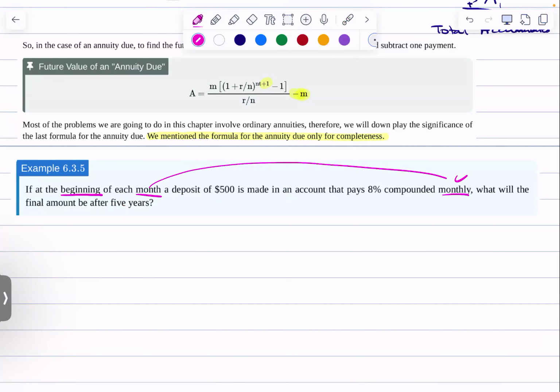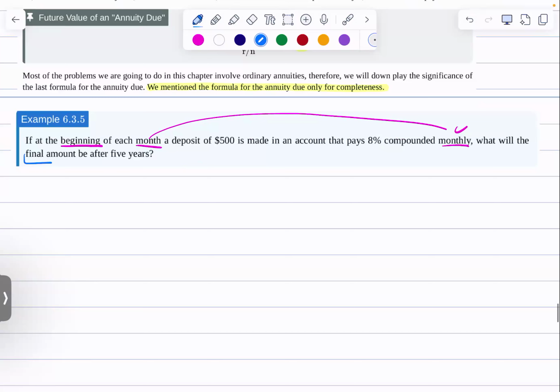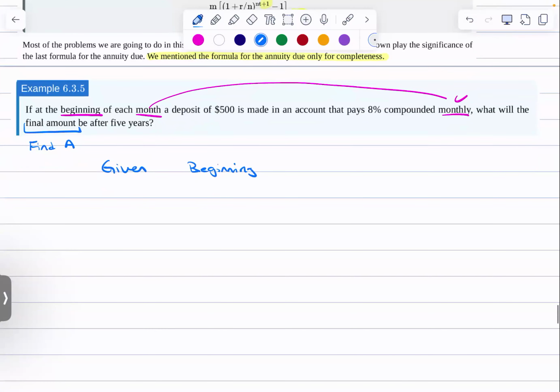So we want to find the final amount. We want to find A. And we're given, okay, it's at the beginning this time.